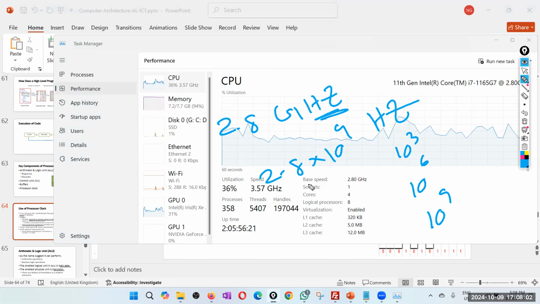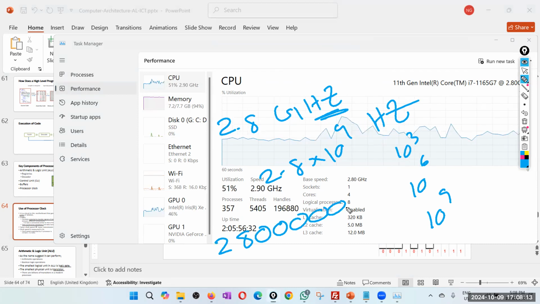And this is huge. 2.8 times 10 to the power 9 means 2, 8, and 8 zeros. One, two, three, four, five, six, seven, eight. So that is something like this. 2,800 million cycles per second.